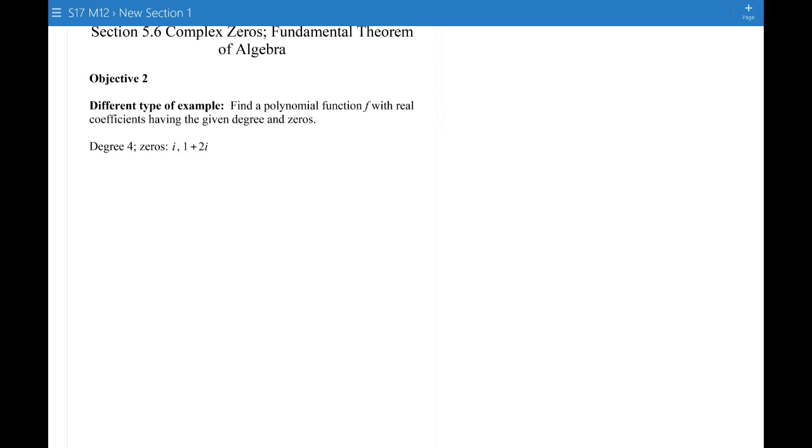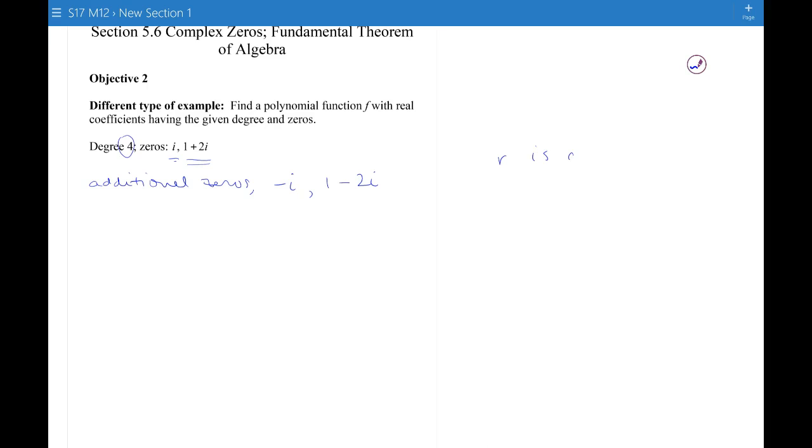Okay, here's a different type of example that says make up your own polynomial function that has degree 4 and these zeros. So they tell you 2 of the zeros, so we can find additional zeros, negative i, and 1 minus 2i. So remember what we did before.